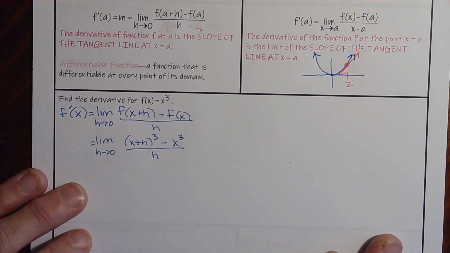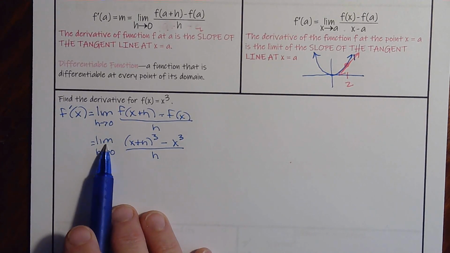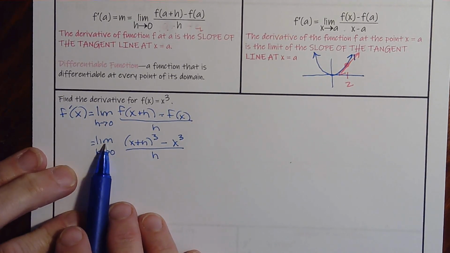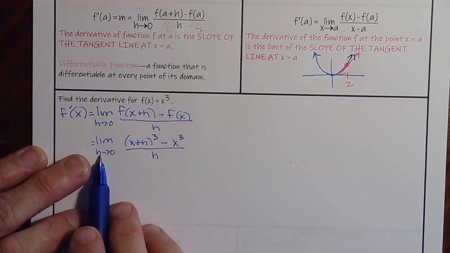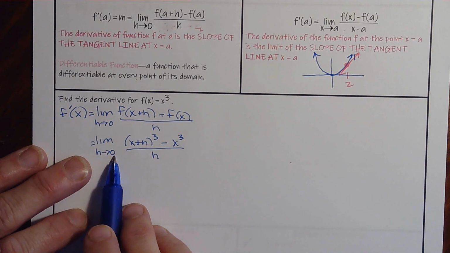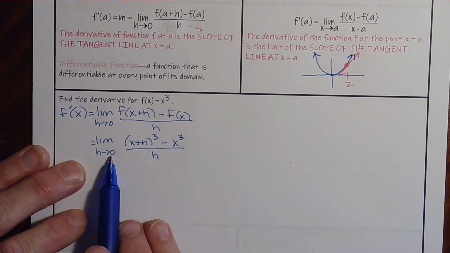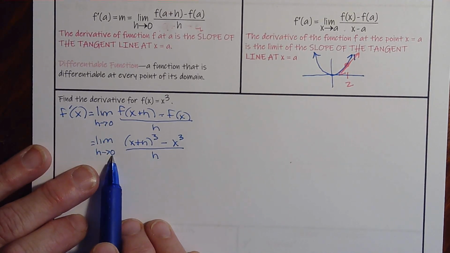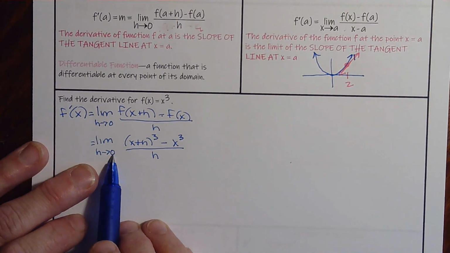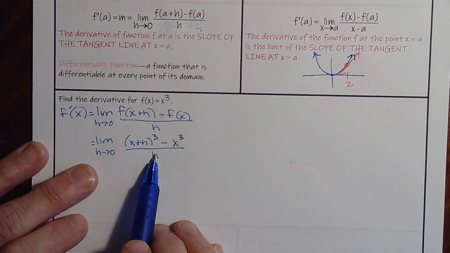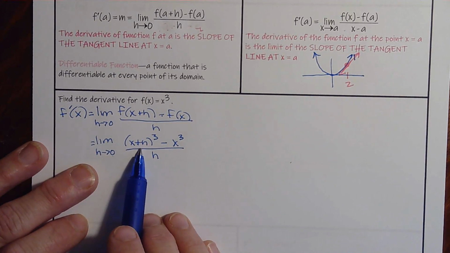As a reminder, when you're finding a limit, no matter what the situation is, if you have a variable approaching a finite number, the idea for finding the limit is to substitute this number, in this case 0, in for h and get a limit.